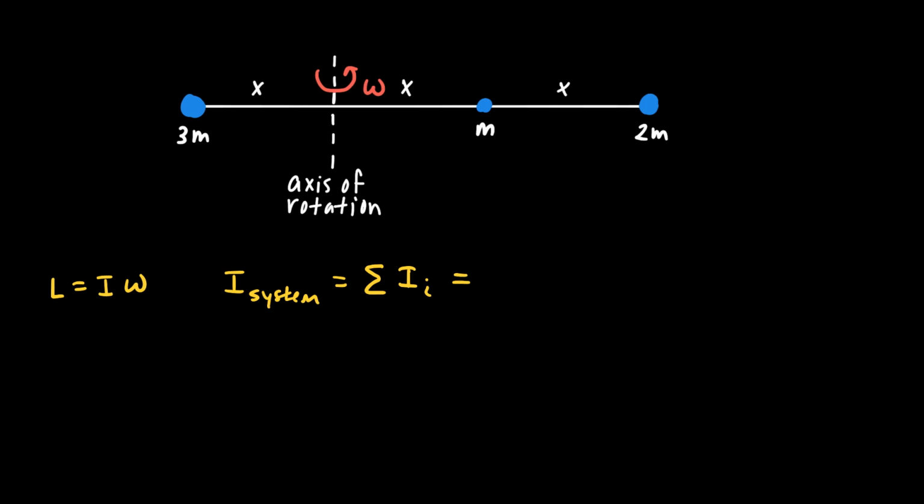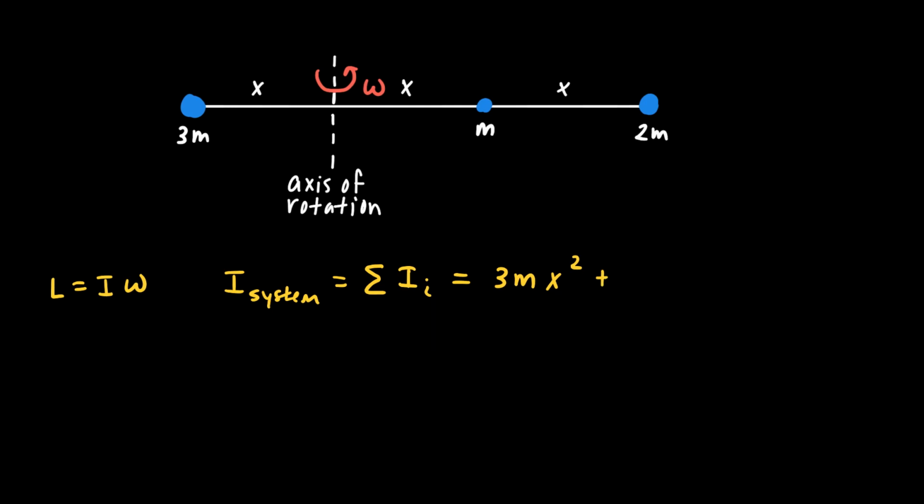The way we do that is we'll just start on the left. The mass of that object is 3m, and it is a certain distance away from the axis of rotation, which I've defined as just being x. So it's 3m times r squared, and here instead of r, the variable I've used for distance is x. So it's 3m x squared.